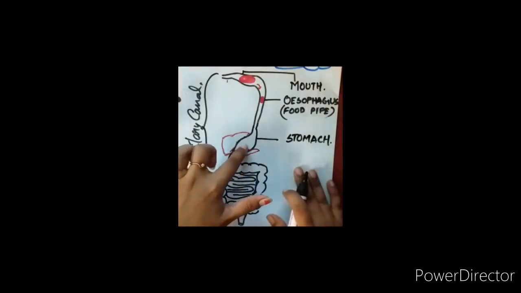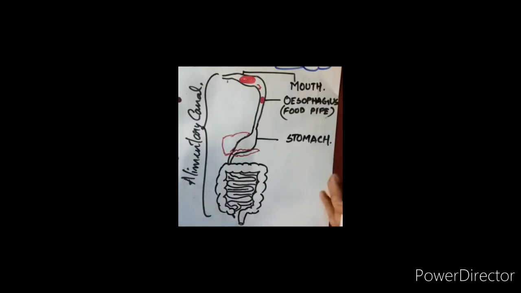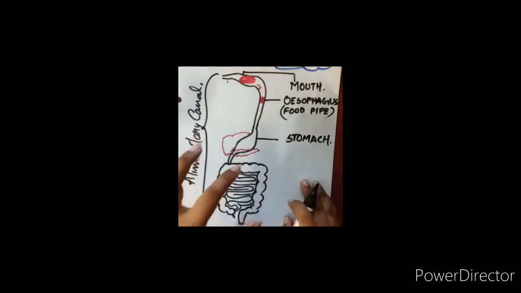The stomach plays a very vital role. It has a highly acidic medium, which kills bacteria in the food, and it also helps the food get churned easily, and here the food converts into chyme.